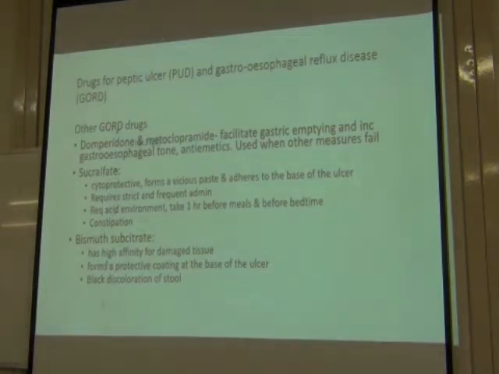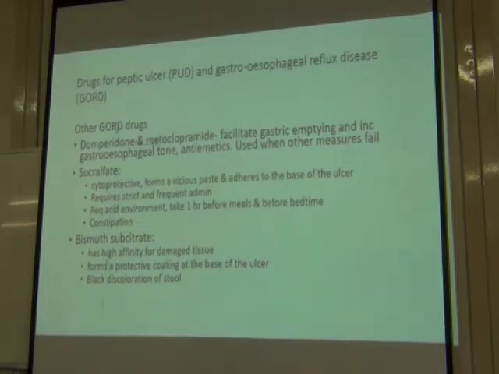Another class of drugs are called your cytoprotective drugs, all right? Your sucralfate and bismuth subcitrate fall into this group of cytoprotective drugs. They form a protective layer on the damaged tissue in the GIT. They form a protective layer, or a paste in the case of sucralfate, so that the ulcer is protected from acid contact.